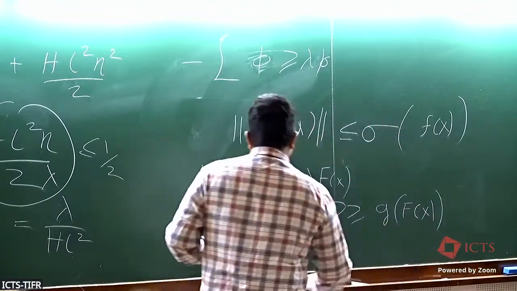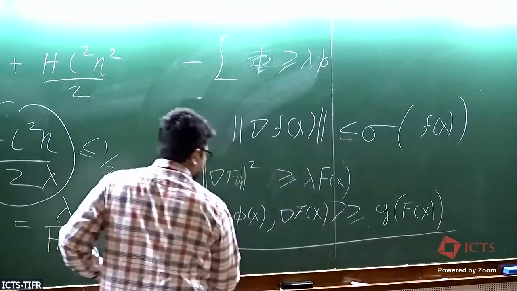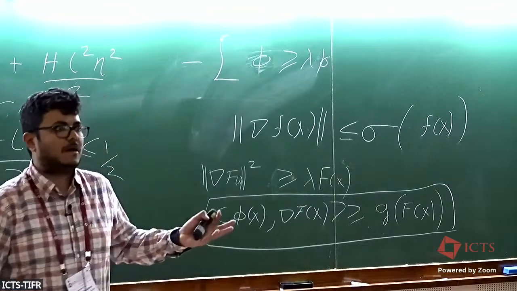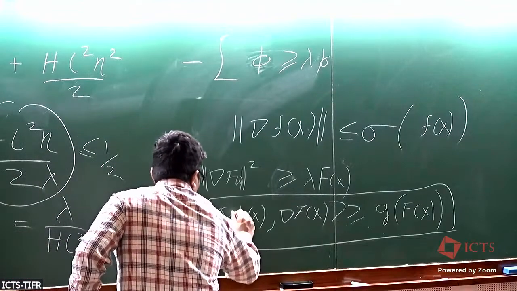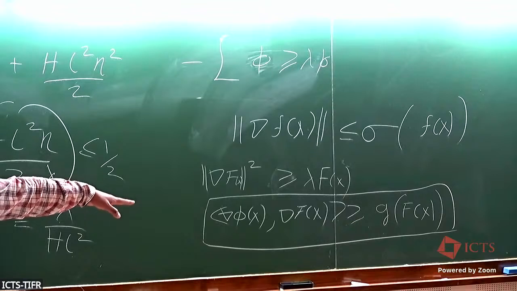My claim is that depending on what phi you use here, different phis will give you different quantities. For instance, if you take phi to be, sorry, I forgot the gradient here, if you take phi to be f itself, then you get exactly the PL condition.